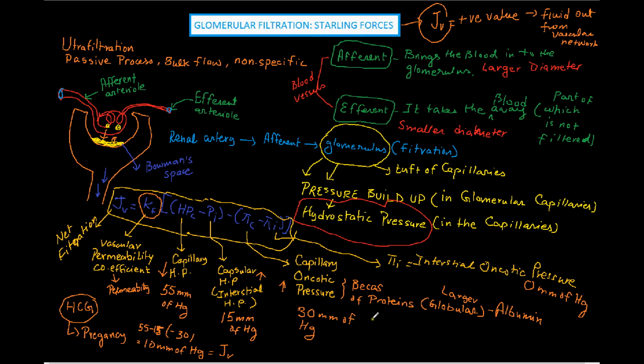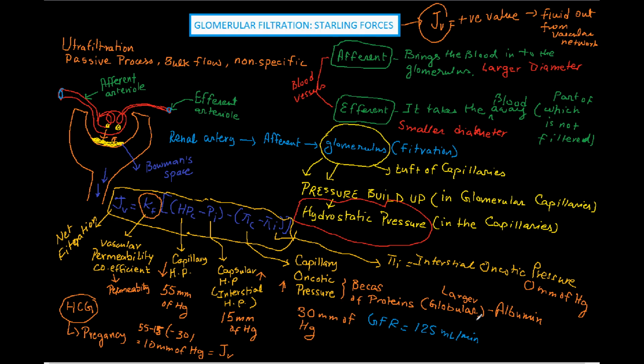GFR is normally about 125 milliliter per minute. That's the amount of filtrate forming in both kidneys per minute.